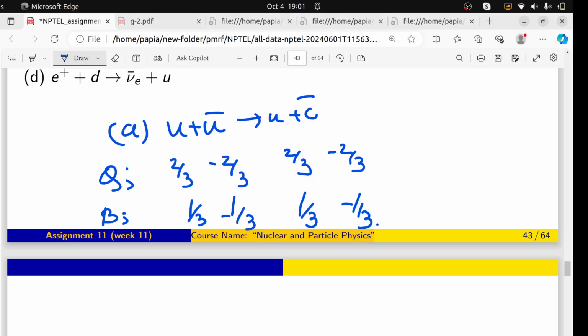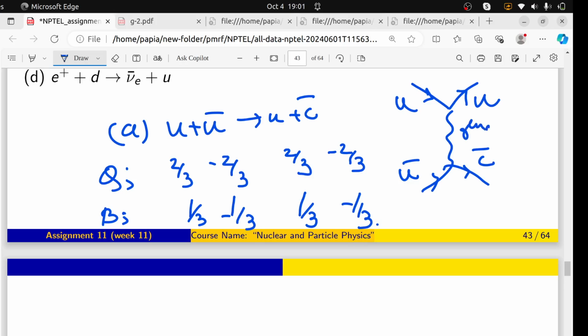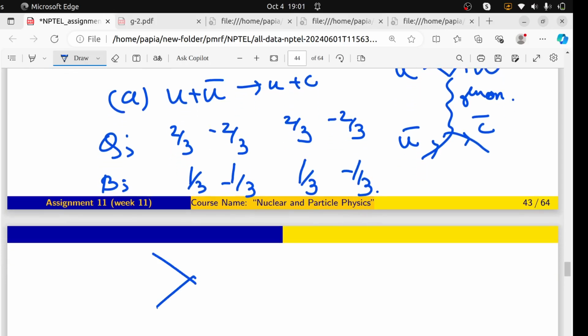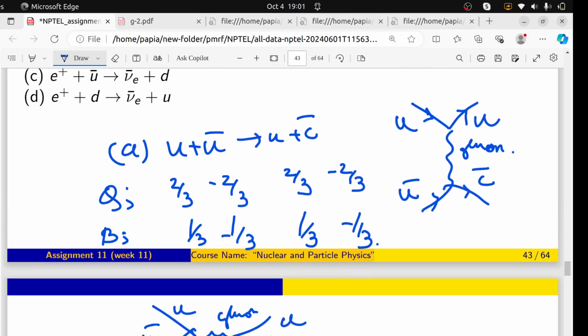is this interaction possible if I want to write the Feynman diagram? Then what will be the Feynman diagram? U bar, C bar can be done through, let's say, a gluon. But the thing is that the gluon does not have any flavor charge. It has color charge, but it does not have any flavor charge. So this cannot go to this one.